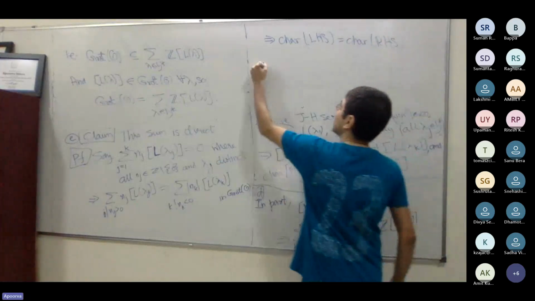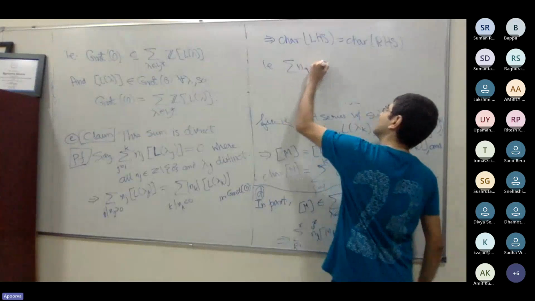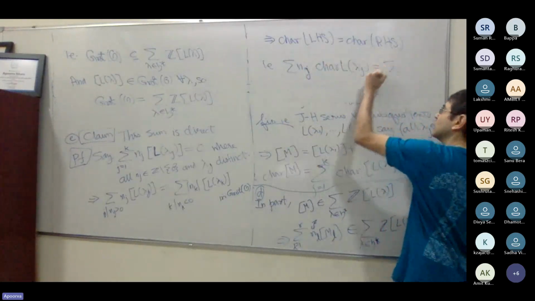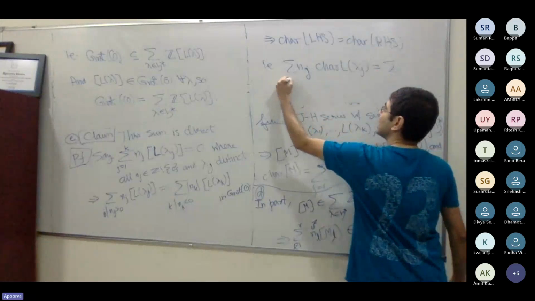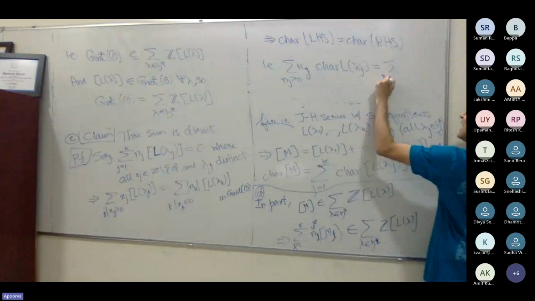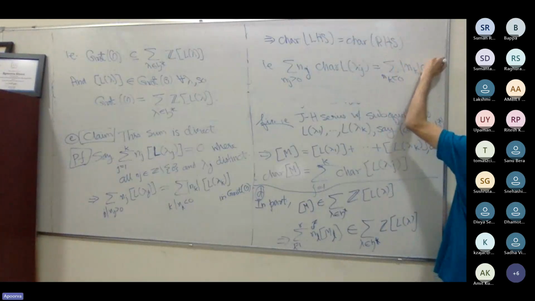What do we get? We get the sum of nj character of L lambda j over nj bigger than 0 equals the sum of the absolute values of nk, with nk less than 0, times the character of L lambda k.